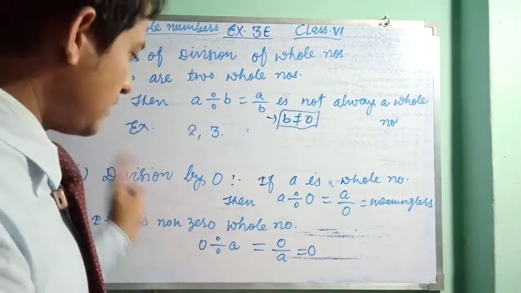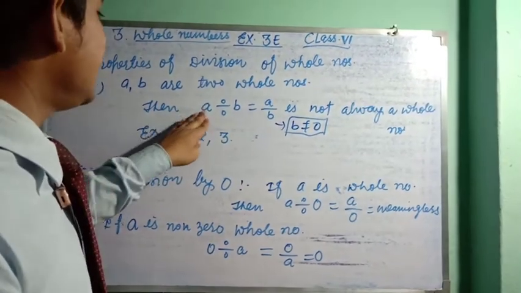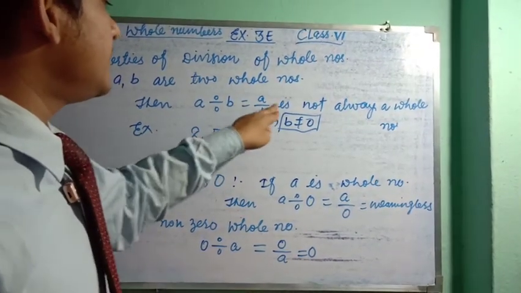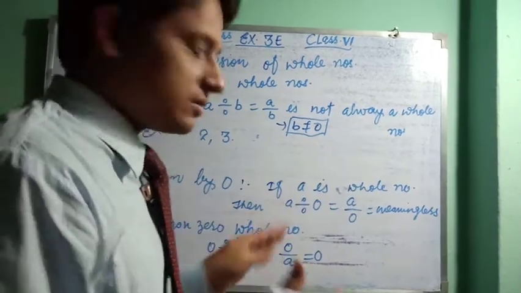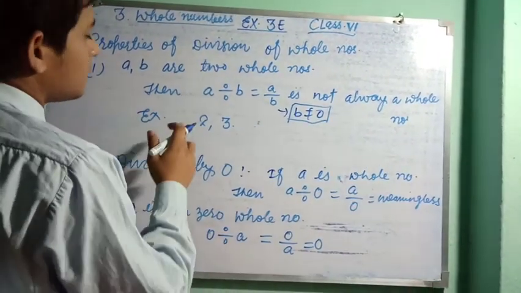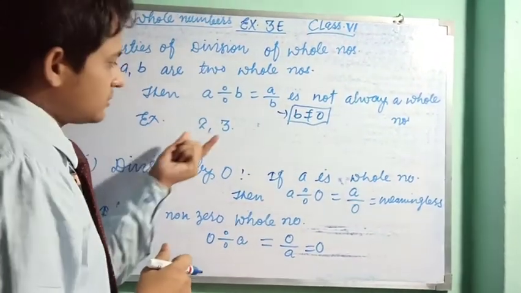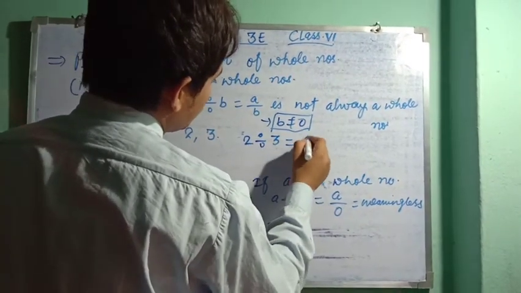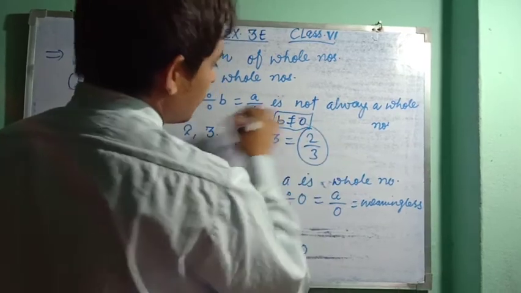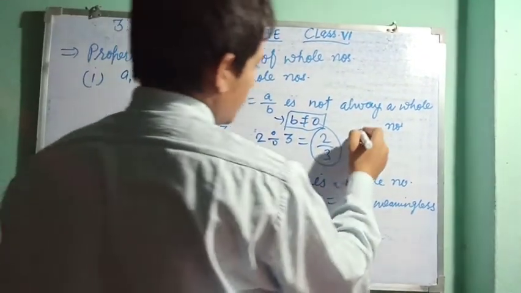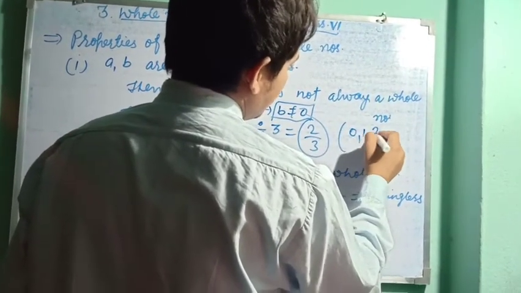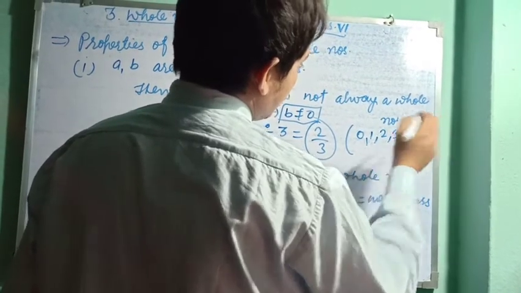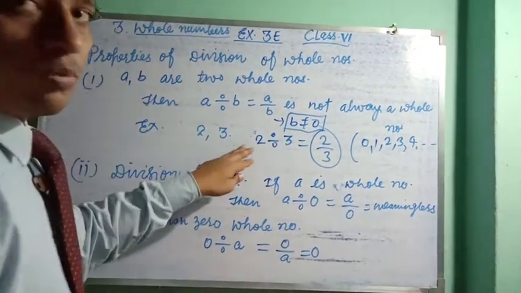When a is divided by b, a by b is not always a whole number. Let us figure it out with an example. Suppose 2 and 3 are two whole numbers. Then 2 divided by 3, that means 2 by 3, is not a member of the whole numbers, because the whole numbers are 0, 1, 2, 3, 4, 5, 6, 7 and so forth. I hope you understand.